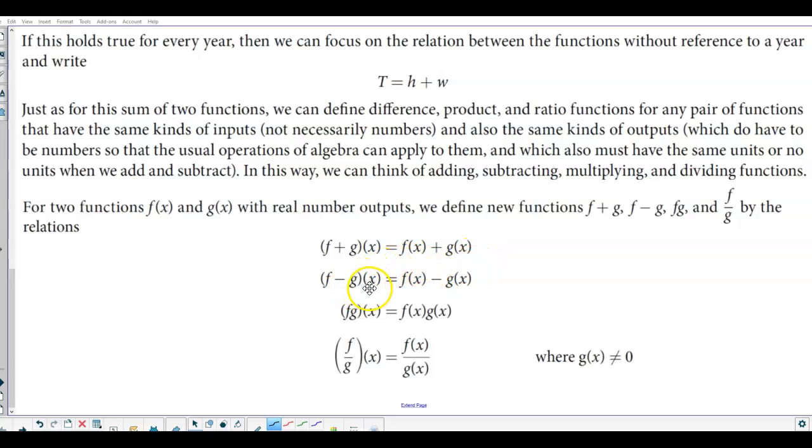If you have f minus g of x, it's going to be f of x minus g of x. F times g of x is the same thing as taking the function f of x and multiplying it by g of x. F divided by g of x is equal to the function f of x divided by g of x, where g of x cannot equal 0. So again, I want to stress the importance that whenever you see this scenario, you want to make sure you write out the definition.